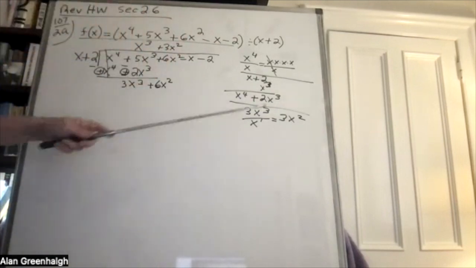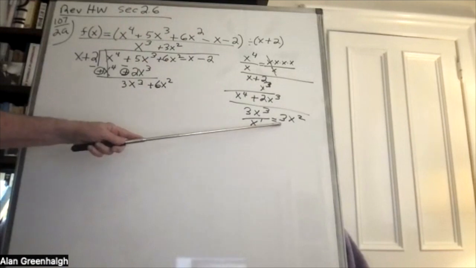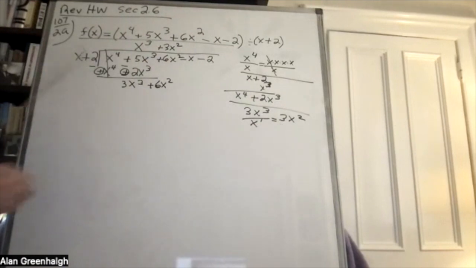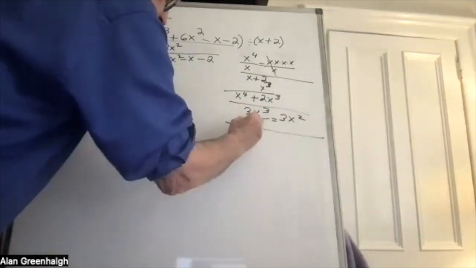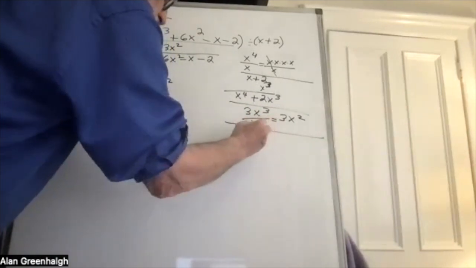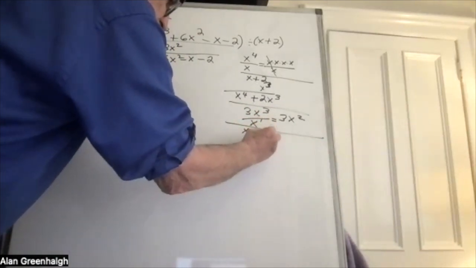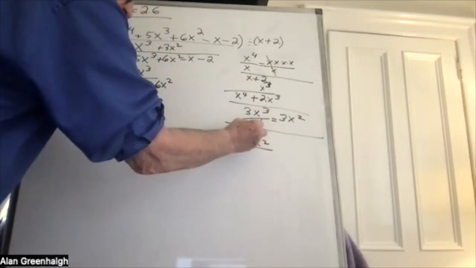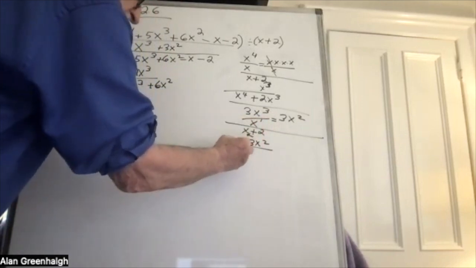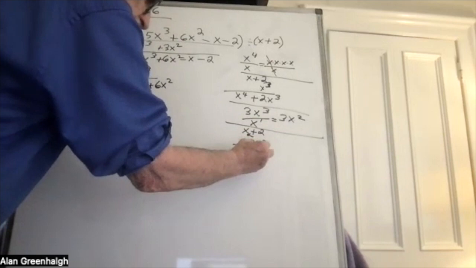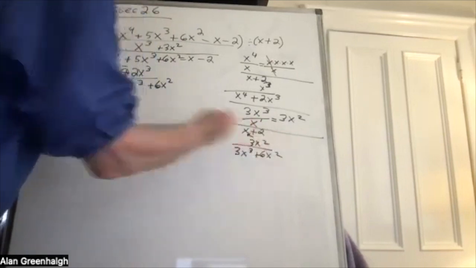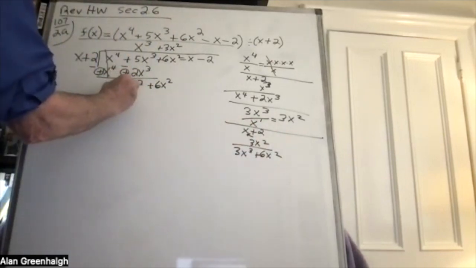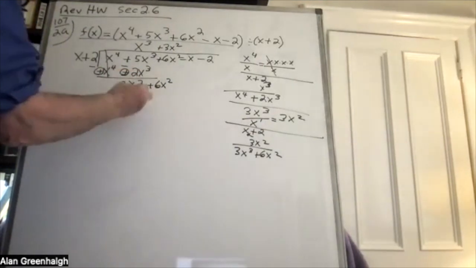And then 3x to the second times x plus 2. X plus 2 times 3x to the second becomes 3x to the third plus 6x squared. 3x to the third, that's good news because that's what we wanted.